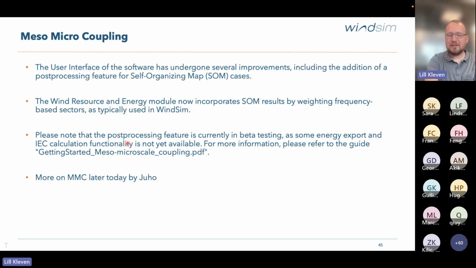Post-processing is still in beta version, so not all the energy exports and IEC calculations are available yet. But in this document, the getting started meso-microscale coupling, we explain more. And you have a session later today telling more about MMC. Maybe not exactly about this self-organizing map, but you'll hear more from him later.